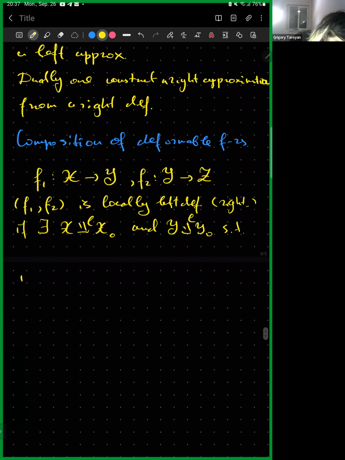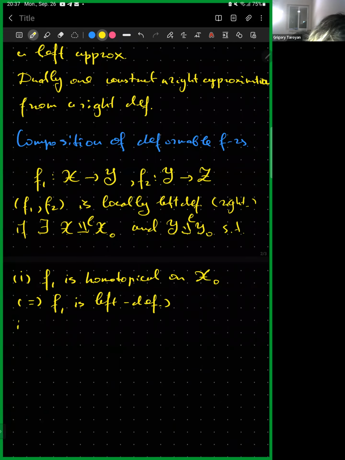So first one is that F1 is homotopical on X0. This means that F1 is left deformable. Second is that F2 is homotopical on Y0, meaning that F2 is left deformable.